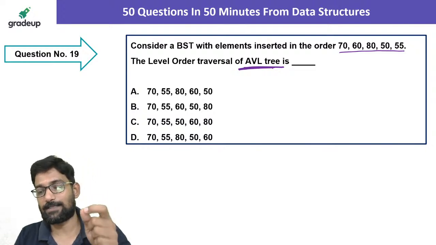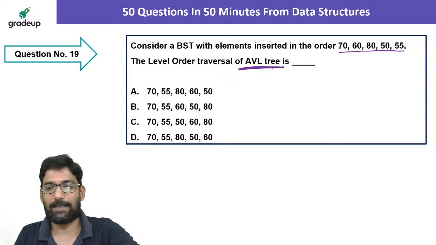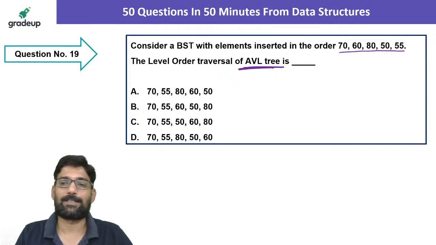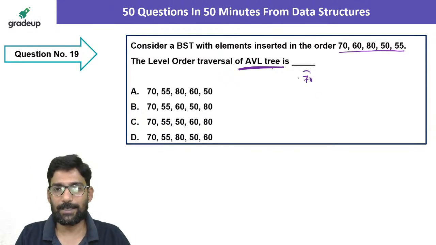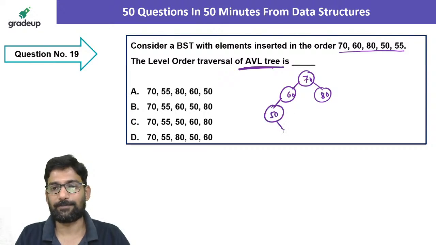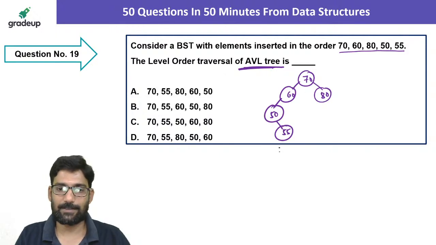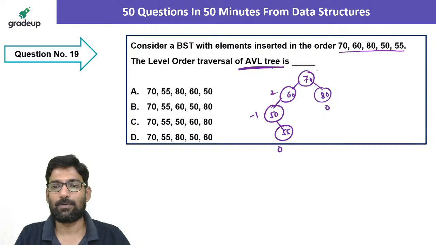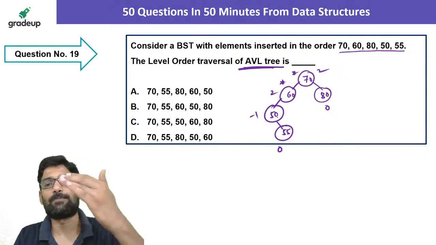AVL tree itself says balanced. Let's see. So we are inserting elements 70, 60, 80, 50, 55. Now see the balance factors: 0, -1, 2, 0, 2. So we have two critical nodes, 60 and 70, but always from the bottom we will balance.